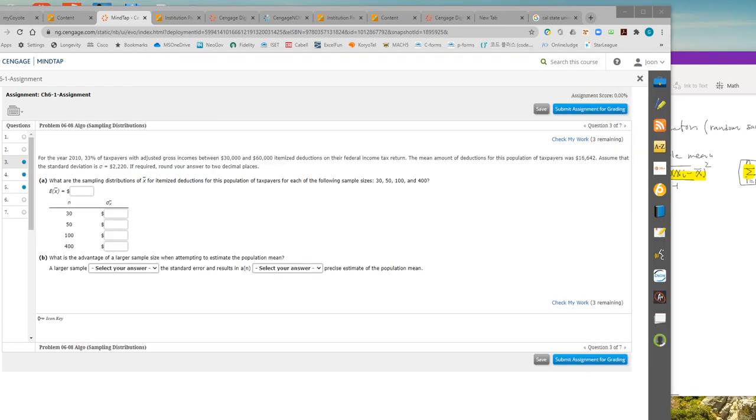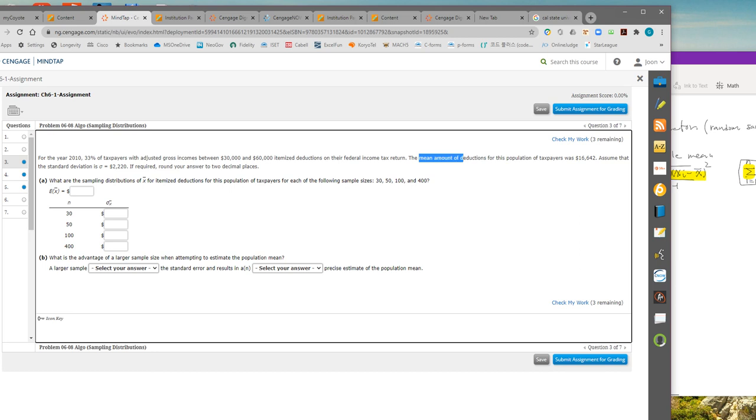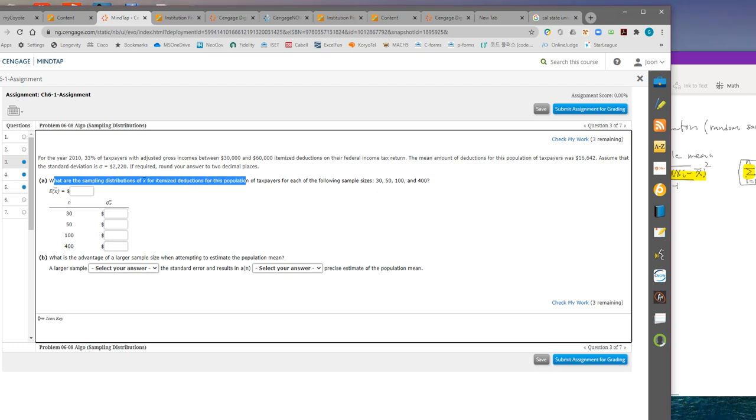Okay, so now let's take a look at the next problem. What is given is, let's say, the mean amount of deduction of this population of taxpayers is $16,642, and also the population standard deviation is given, right? So basically they are asking, what is the sampling distribution of X bar of the itemized deduction of this population of taxpayers for each of the following sample sizes?